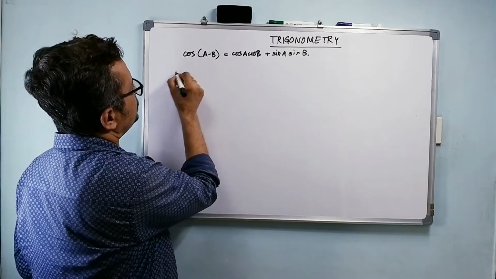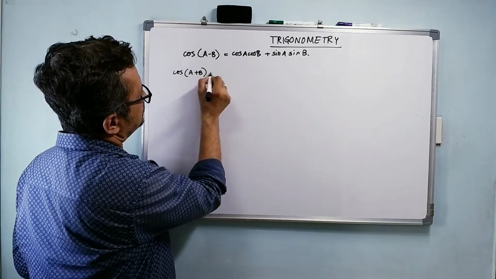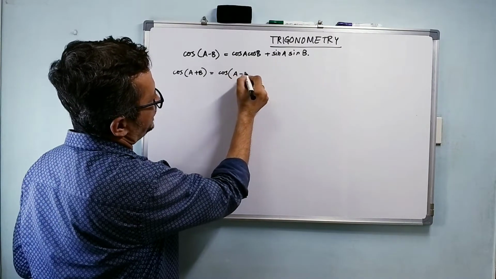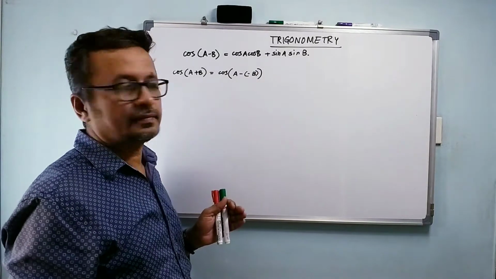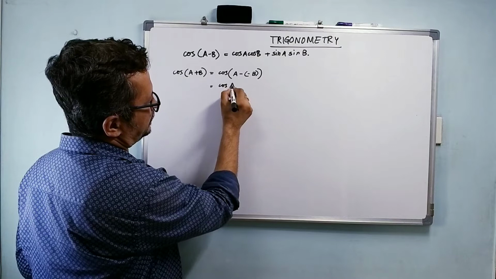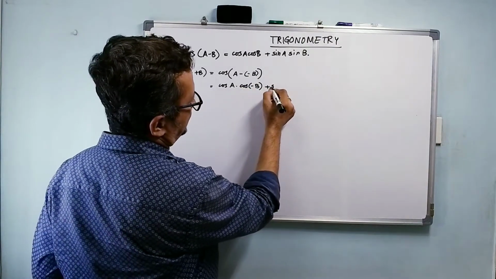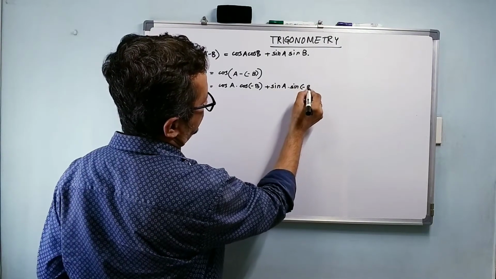So cos of a plus b is equal to cos of a minus minus b. Okay, so it is going to be cos a cos of minus b plus sin a sin of minus b.